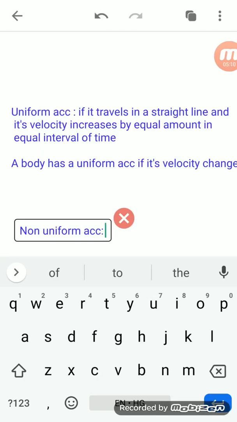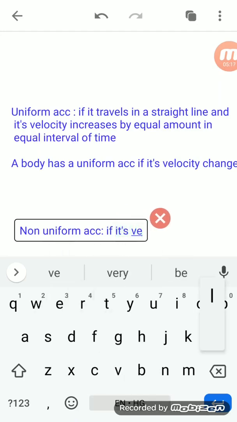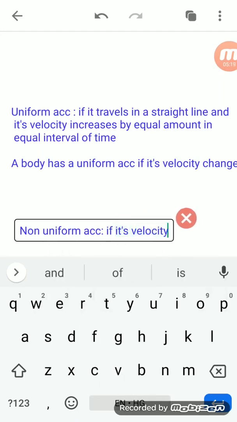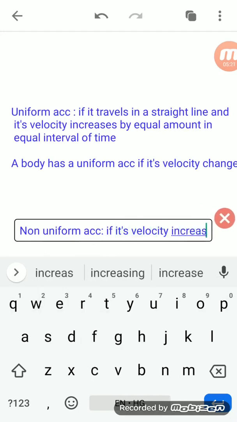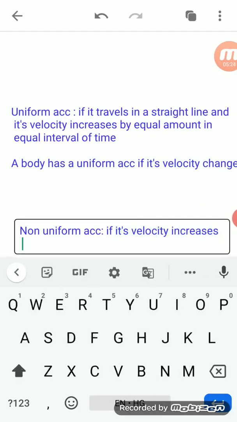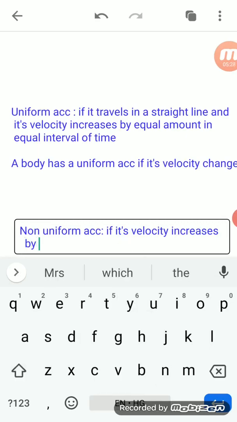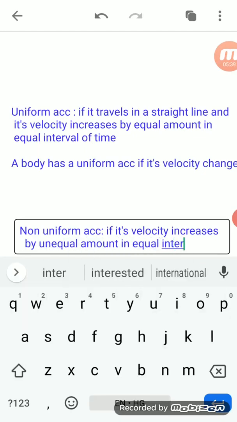Okay, so a body has a non-uniform acceleration if its velocity increases by unequal amounts in equal intervals of time.